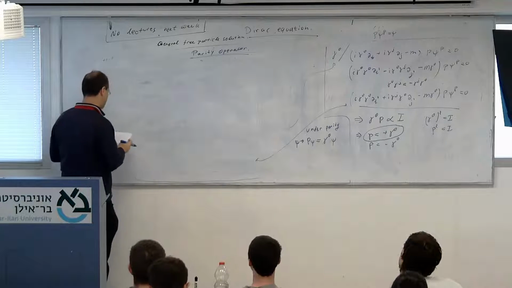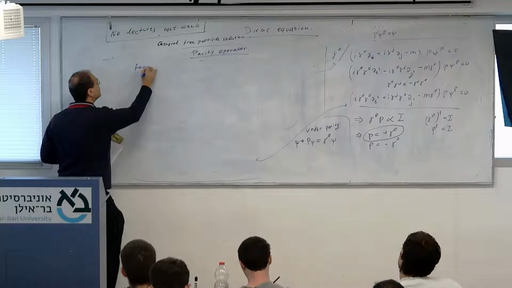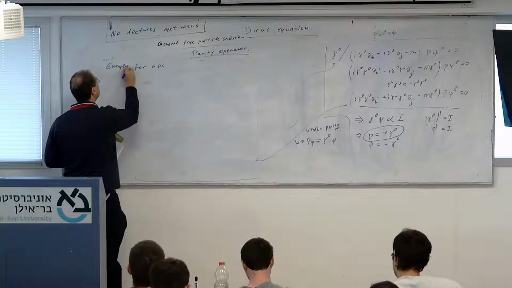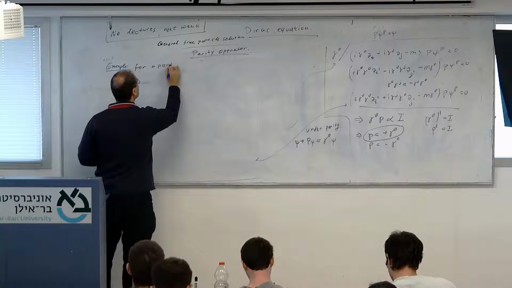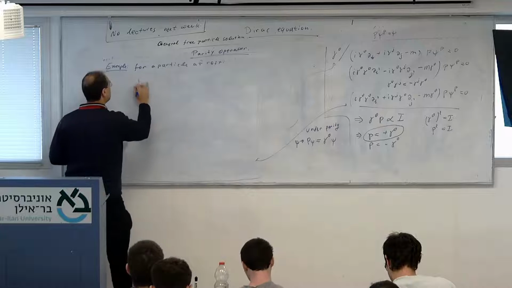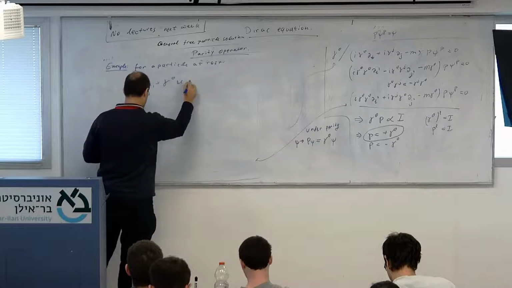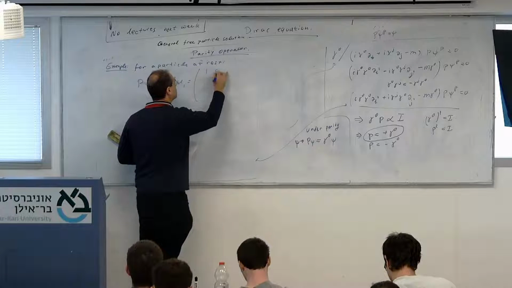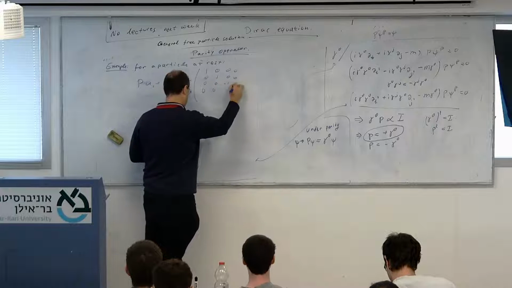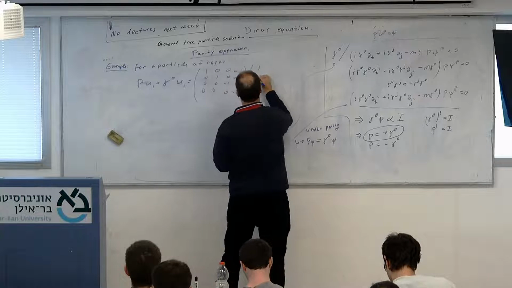For a particle at rest, P u1 is gamma 0 u1, which is the matrix 1 0 0 0, 0 1 0 0, 0 0 minus 1 0, 0 0 0 minus 1, acting on u1 = 1 0 0 0.